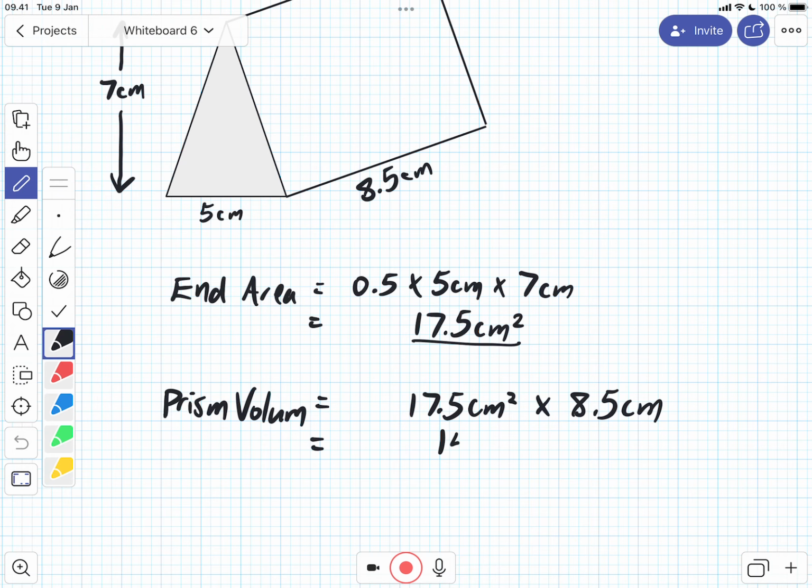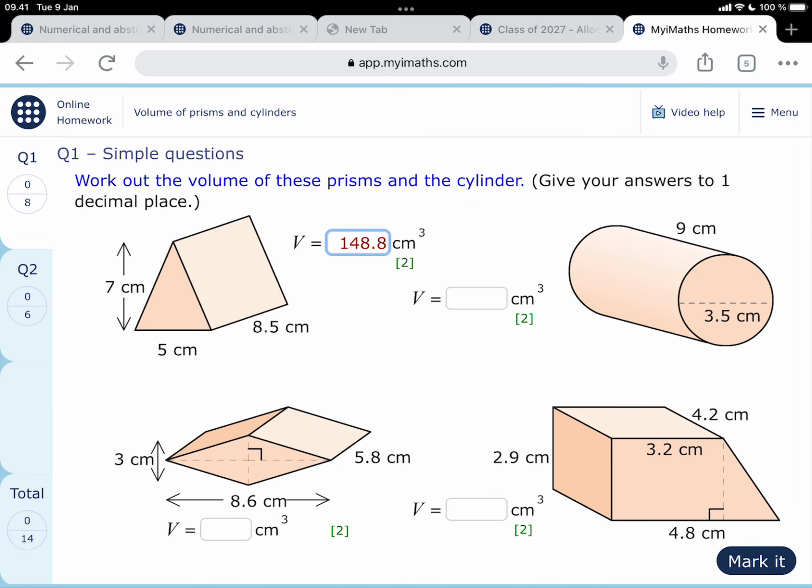So it's 148.75 centimeters cubed, which I'm going to fill in on MyiMaths now. And I can see that it's asked for the answers to 1 decimal place, so that's getting rounded to 148.8.